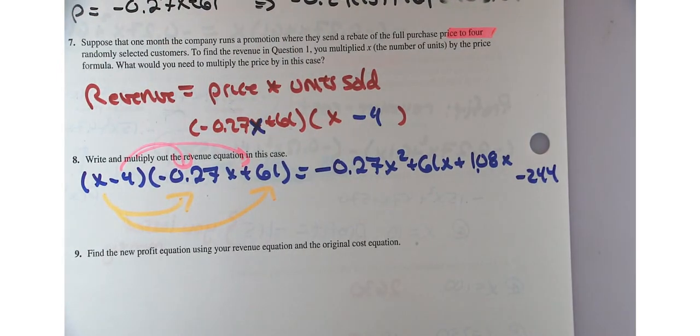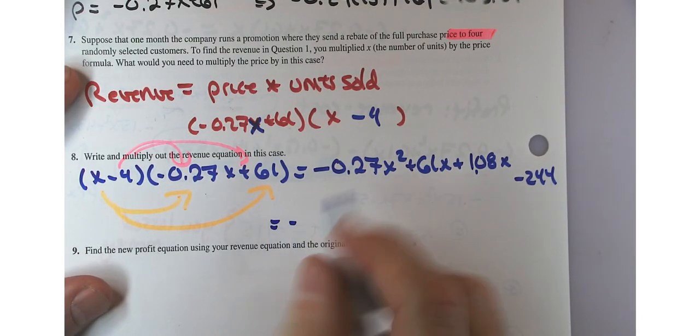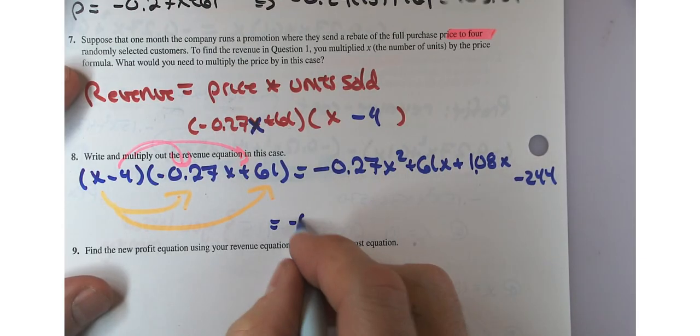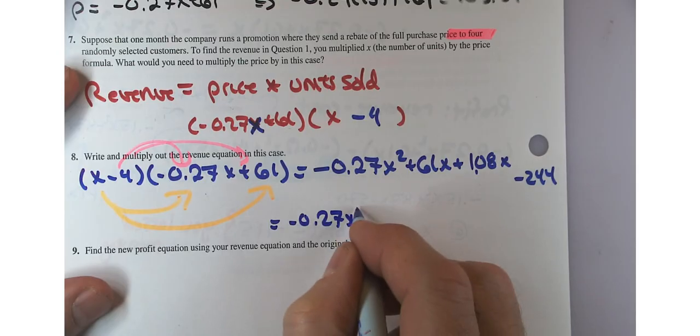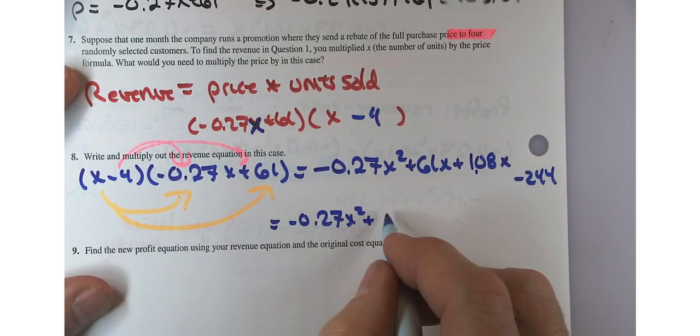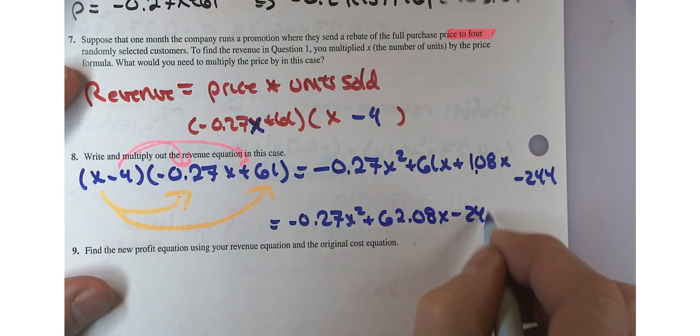Are there any like terms that I can combine here? Yeah, the 1.08 and the 61, so negative 0.27 x squared plus 62.08x minus 244.